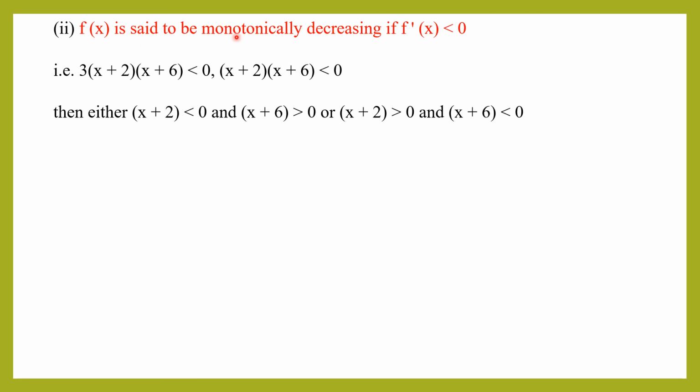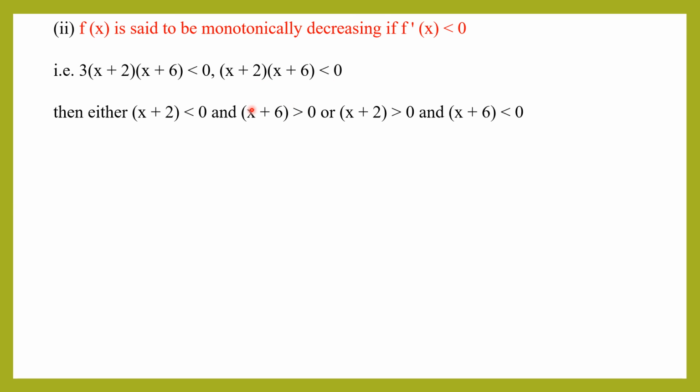Second, f of x is said to be monotonically decreasing if f dash of x is less than 0. That is, the derivative is less than 0. Its derivative is 3 into x plus 2 into x plus 6, less than 0. Taking 3 to the right-hand side, we get x plus 2 into x plus 6 less than 0.